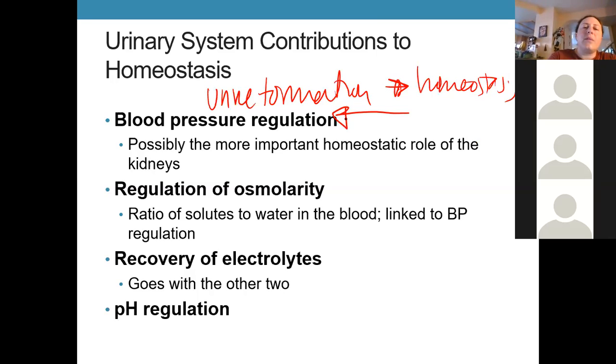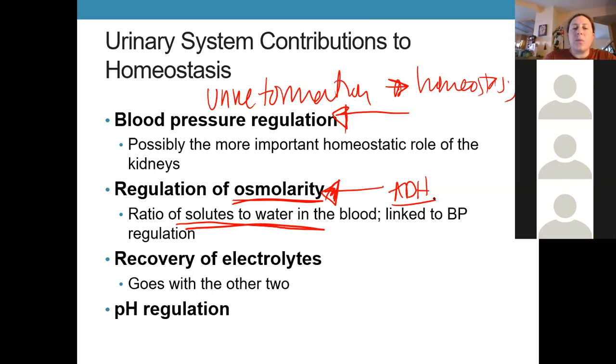So we've already talked about blood pressure regulation, and then the regulation of osmolarity, which again is the concentration of the solutes in whatever, and right now we're talking about in the blood. So this is mostly about how much antidiuretic hormone we're releasing.